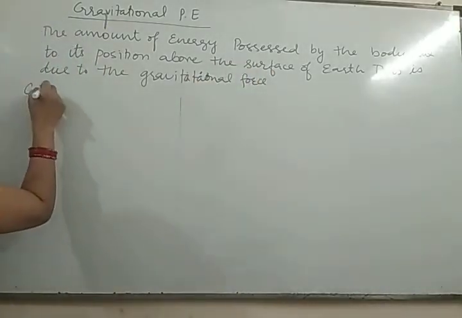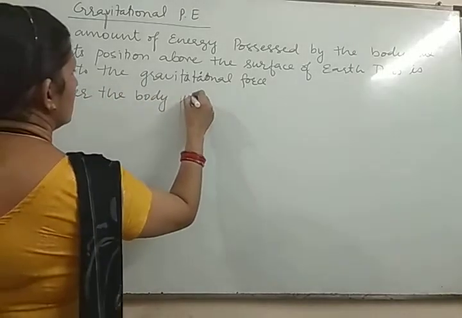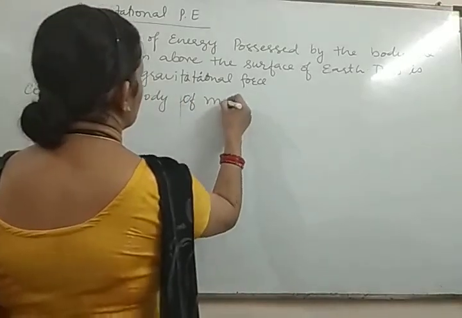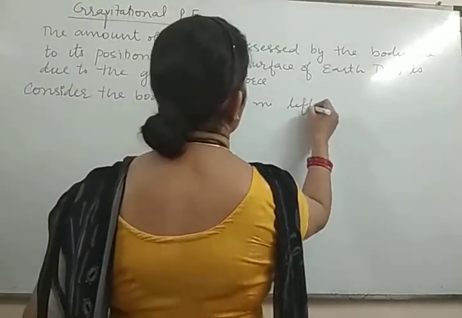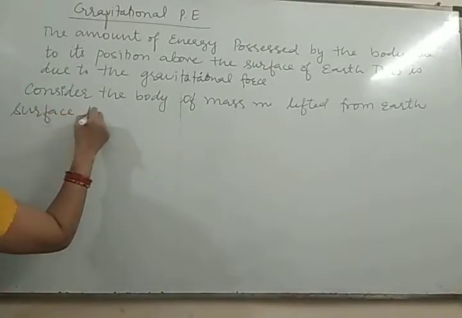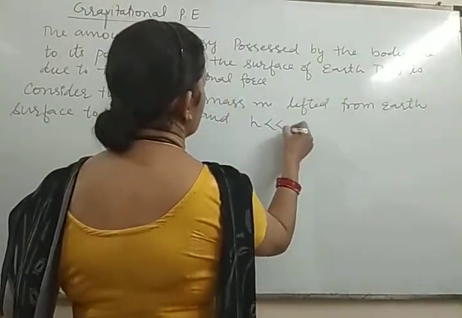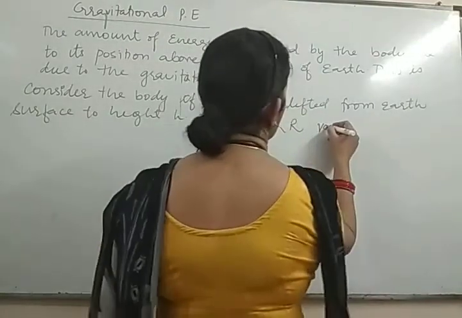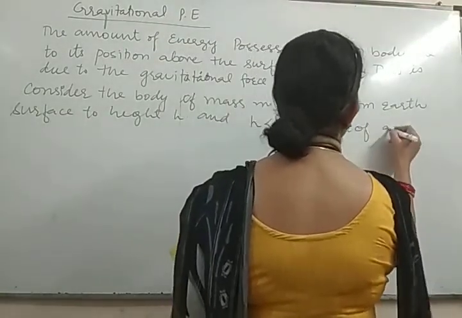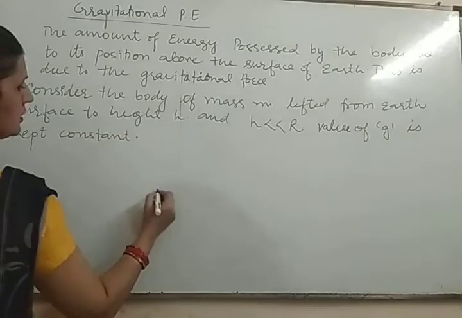Now consider an object of mass m lifted from Earth's surface to a height h, and for h very much smaller than the radius of Earth, the value of acceleration due to gravity is kept constant. Now some work has to be done.